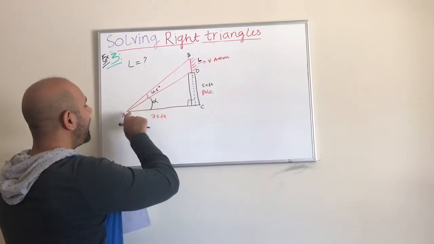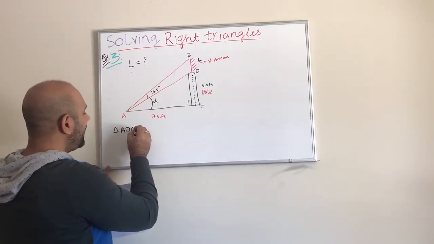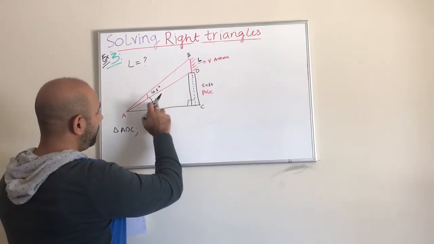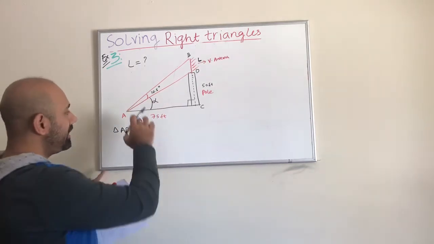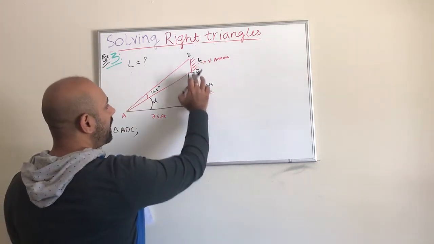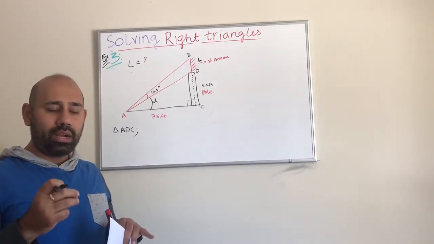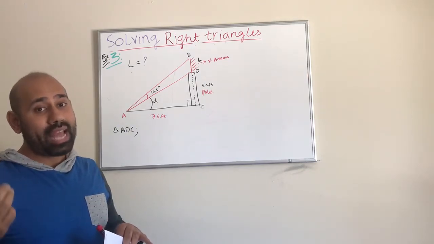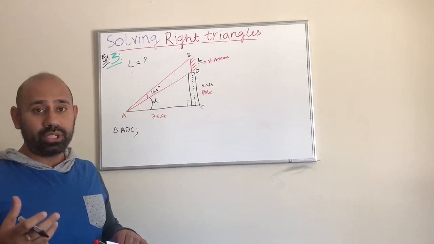For that, I'm going to focus on the triangle ADC. In this triangle ADC, if this is my reference angle, then this is my adjacent and this is my opposite. What is the trig ratio that relates opposite and adjacent? The answer is the tangent trig ratio.